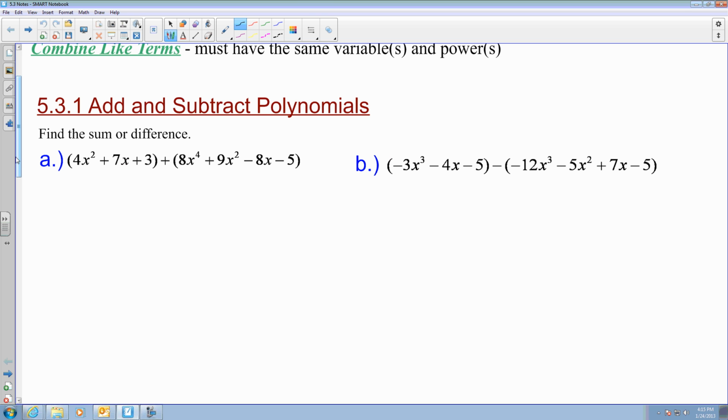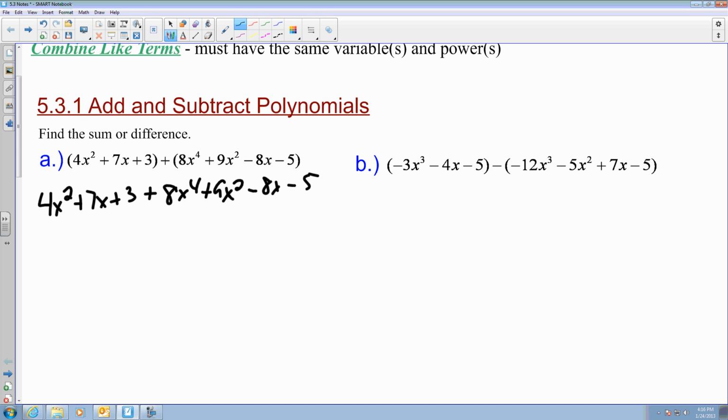As long as there's no negative sign attached to the outside of our parentheses, I can just write it out as is. So I got 4x squared plus 7x plus 3. Here, if I have a plus right before my other parenthesis, I can also write what I have inside here as is. So if I have plus, I got 8x to the fourth plus 9x squared minus 8x minus 5.